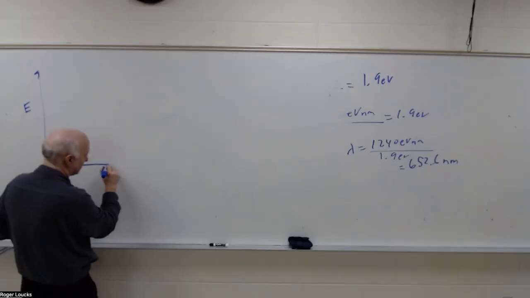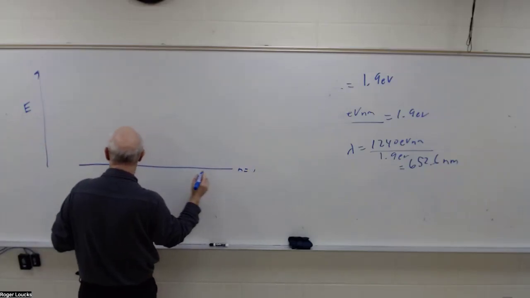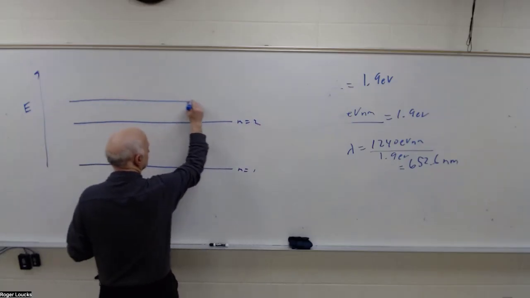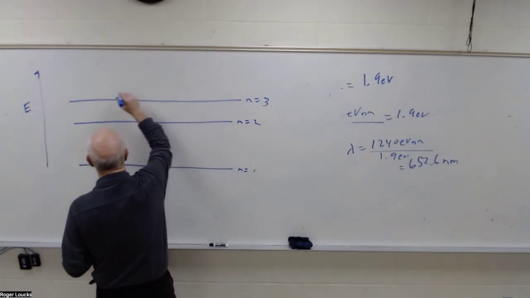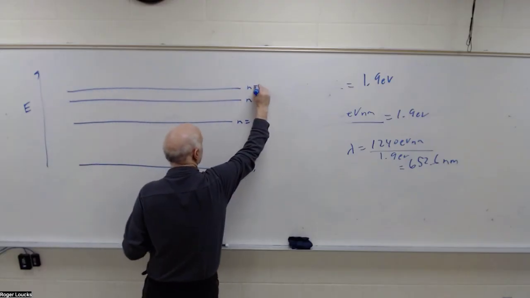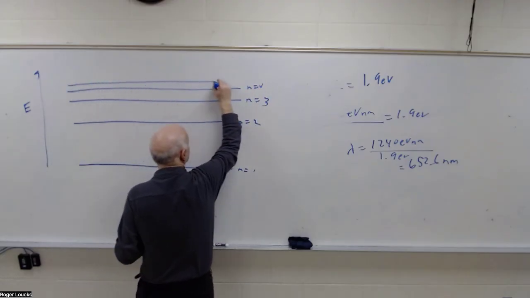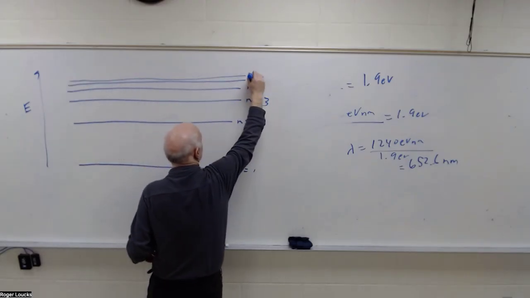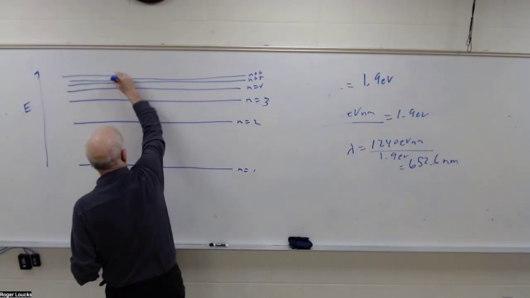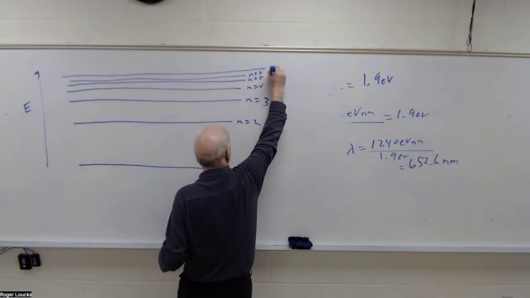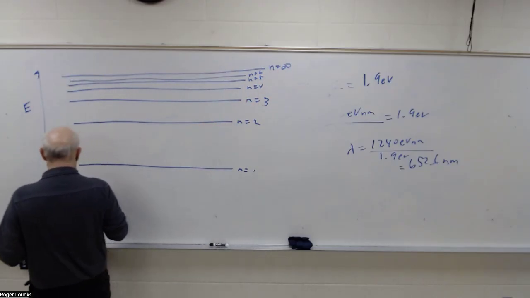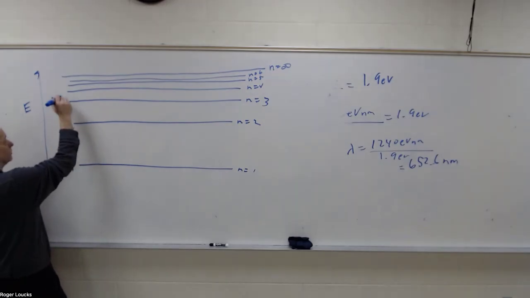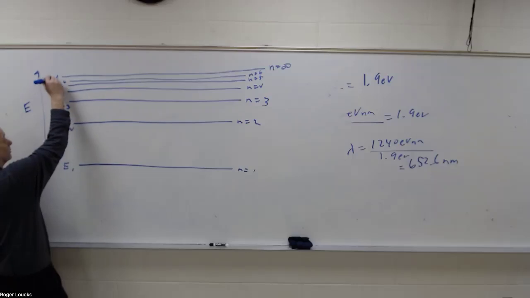Okay, so this is n equals 1. N equals 2. There's a reason I'm making these really wide. 5, 6, and then the infinity one is going to be here. This would be our n equals infinity. So this is E1, E2, E3, 6, infinity.